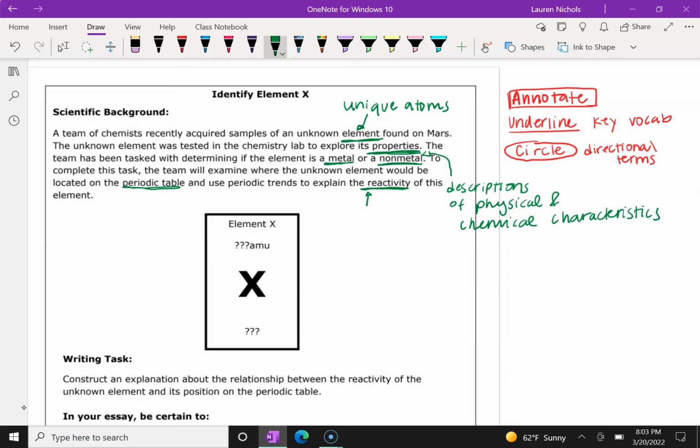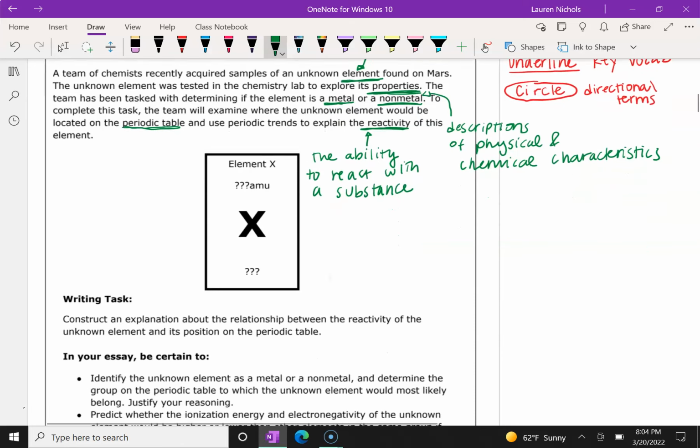Let's look at reactivity. So reactivity is the ability to react with a substance. Okay, all right, so now let's look at the next part.